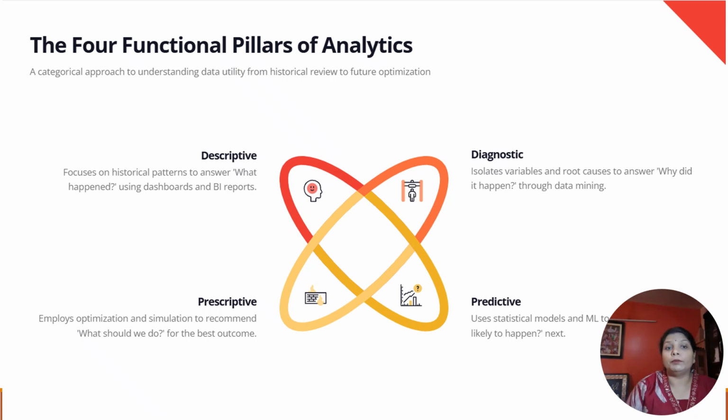It employs optimization, simulation, and decision models to recommend actions that lead to the best possible outcome. We should not forget that with the help of AI, prescriptive analysis has now been made easier through expert systems or decision support systems.